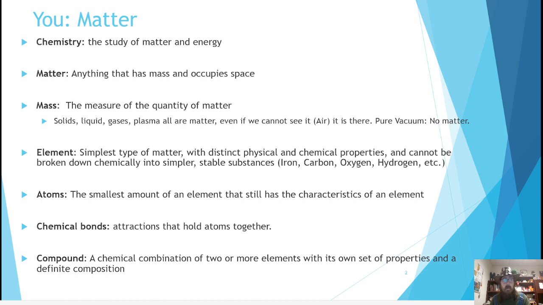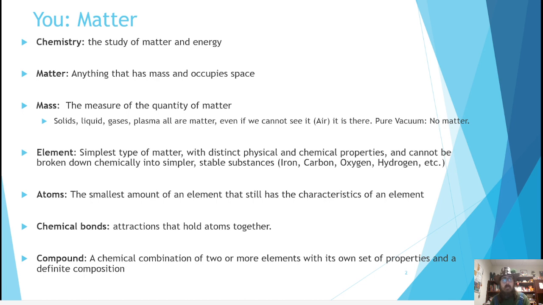So I can have a big chunk of iron, I can have a small chunk of iron, but if I subdivide the iron, it's still iron. Eventually I'll get to a point where I can't subdivide it anymore, and at which point it ceases to be iron.